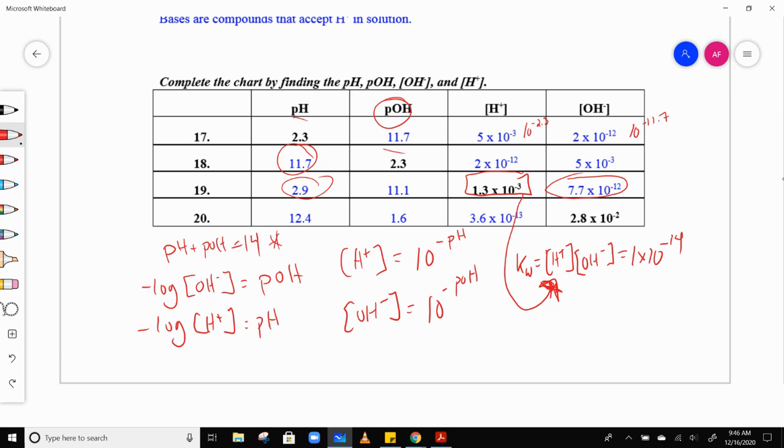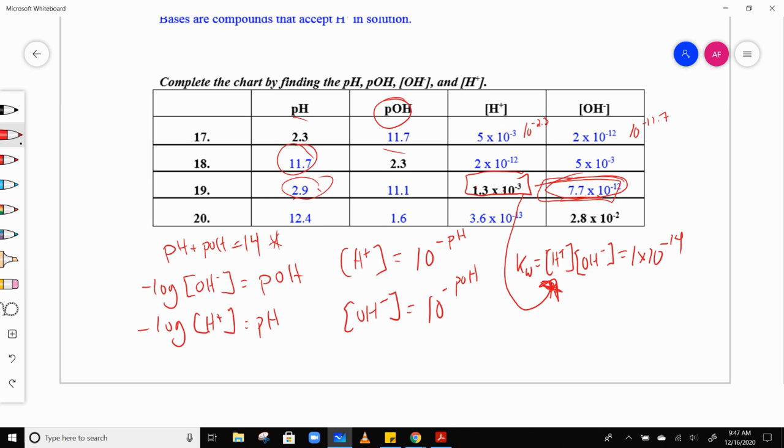It's more like a bunch of decimals, so you're rounding already. I feel like you round more if you go from H plus to pH than from H plus to OH minus. So I usually do these two first, and then go to pOH and pH. But it's totally up to you how you do it.